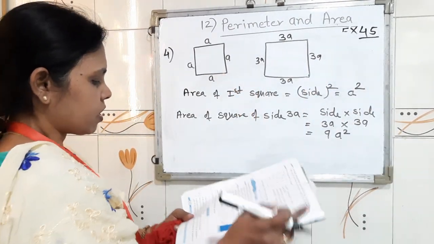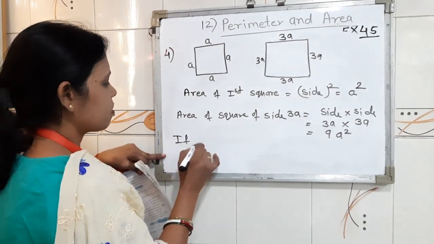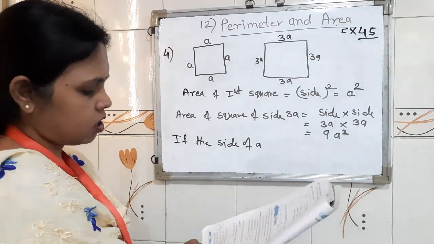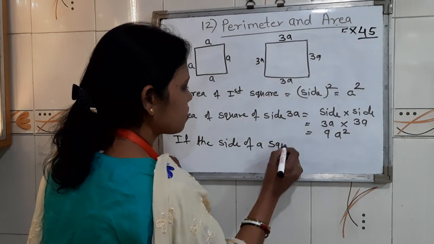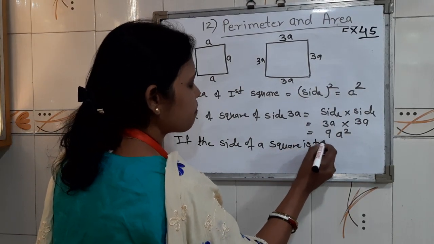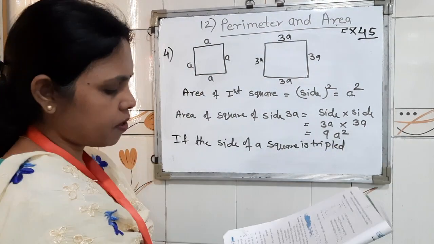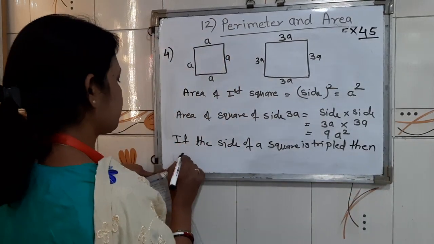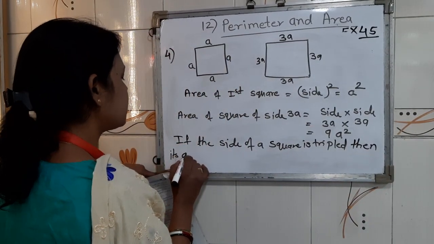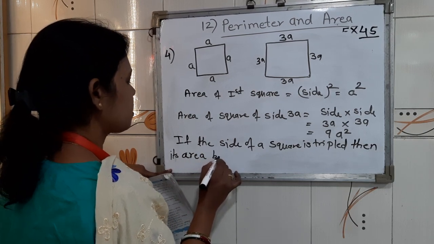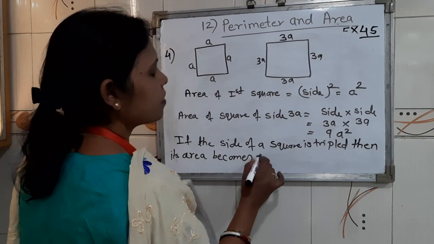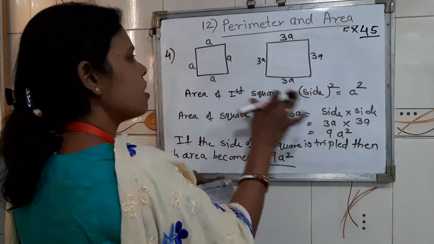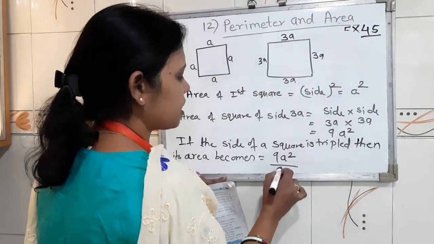Then we will write: if the side of a square is tripled, then its area becomes, we will divide our second area, that is 9A square, by the area of the first square, that is A square.